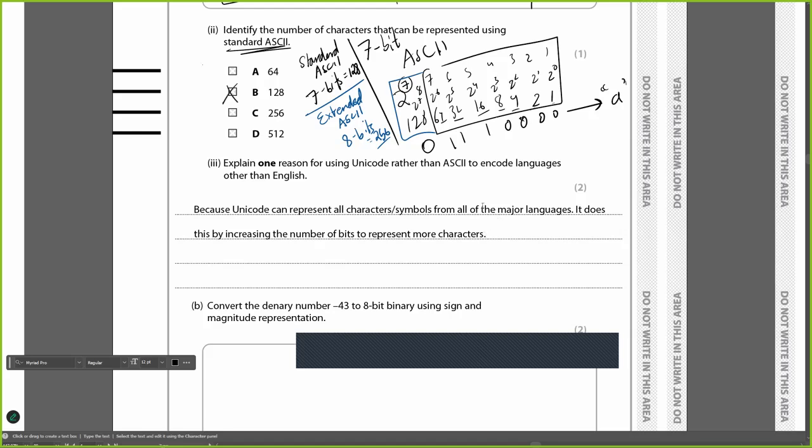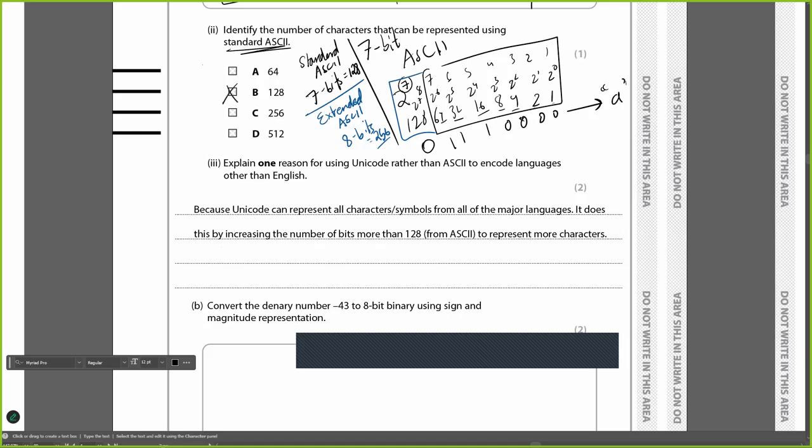So you can also mention here something like the ASCII code is going up to 128 characters, because we did that in the previous question as well, 128. So by increasing the number of bits more than 128 from ASCII to represent more characters. Okay, so you could answer this in this way.